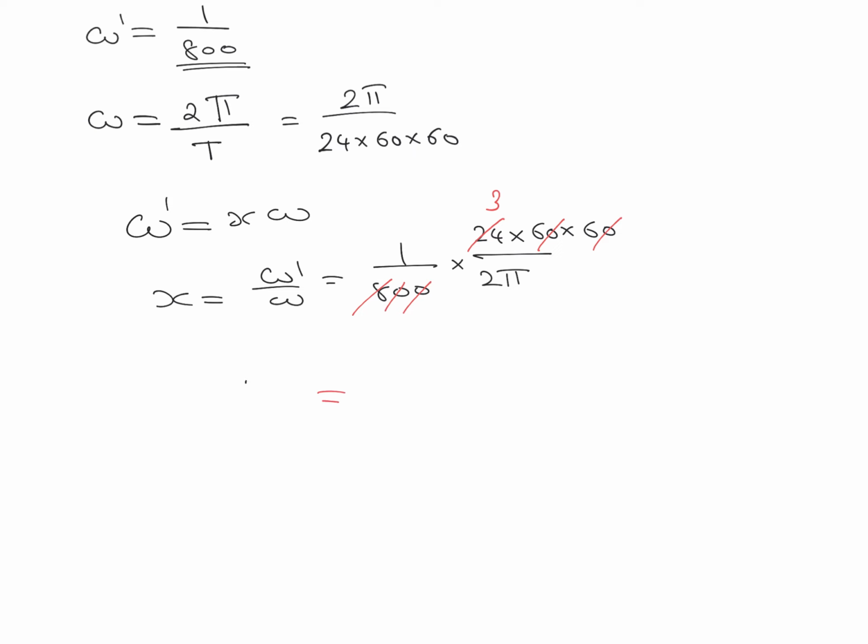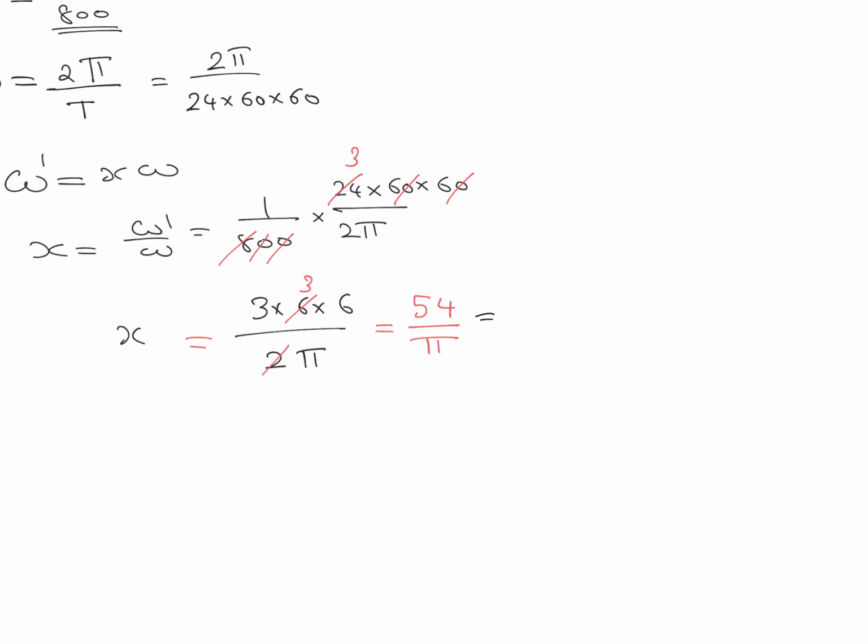So it will be something like x is equal to 3 into 6 divided by 2 pi. Now you can cancel 2 here, and it is going to be 3 into 3 9, into 6, which we can take as 54. So it will be nearer to 54 by pi.